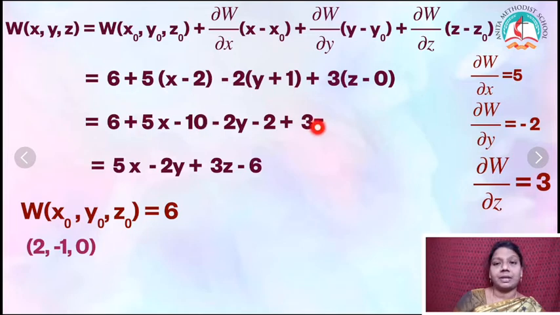After I simplify this, I get the equation like this. Okay. So if I have linear approximation with several variables, what I have to do? I have to do partial differentiation. We cannot differentiate it directly, because those variables will depend on some other values.